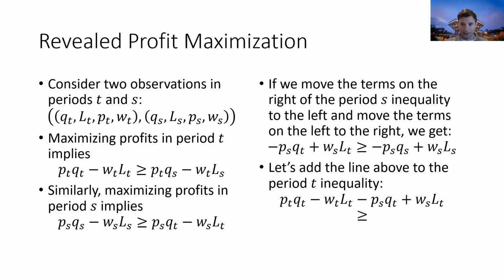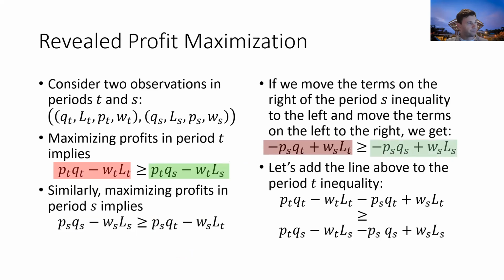Meaning I'm going to take the left side here and add it to the left side over here. Then we're going to take the right side over here and add it to the right side over here. Any problems with what we've done here so far?